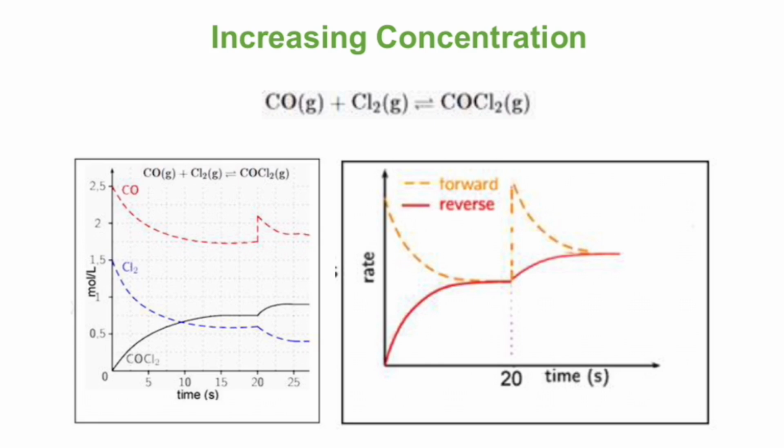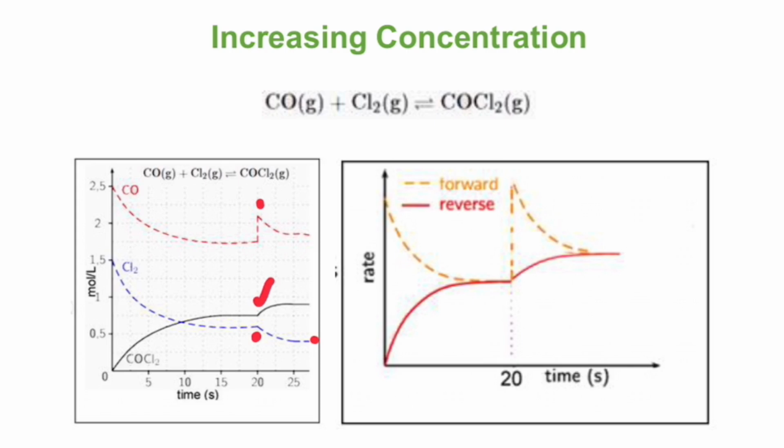So let's take a look at our graph and see what has increased. Okay, so it looks like the concentration of CO, carbon monoxide, shoots up, right? And then the concentration of chlorine gas goes down, as we can see here. And then the concentration of COCl2 goes up.